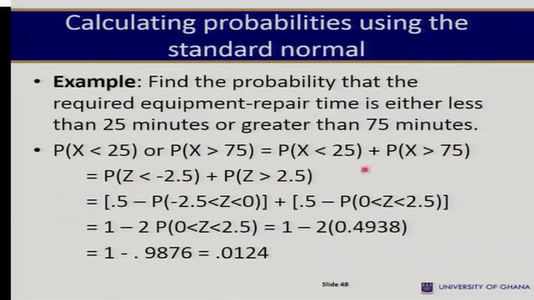Greater than 75 has Z counterpart greater than 2.5. So you can find this one and this one and add. Now, by symmetry, these are the same, so you can write this as twice the value of one of them. And then you get your probability value as 0.0124.